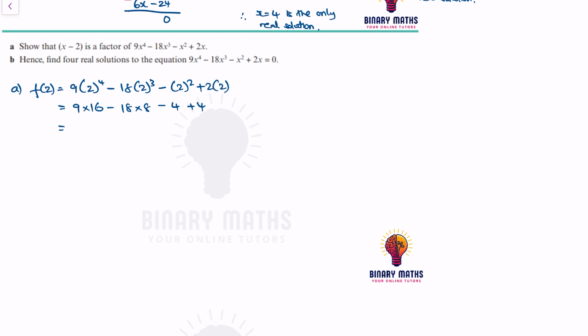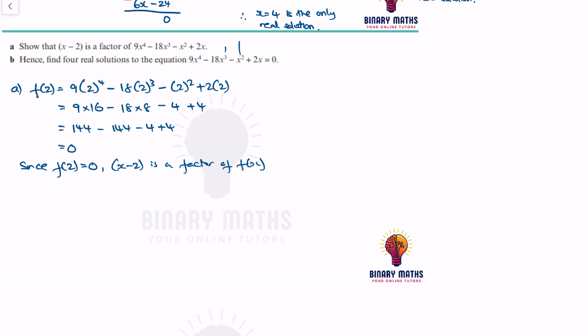9 times 16 is 144. 18 times 8 is 144 again. Minus 4 plus 4, which is equal to 0. So since f of 2 is equal to 0, x minus 2 is a factor of f of x.